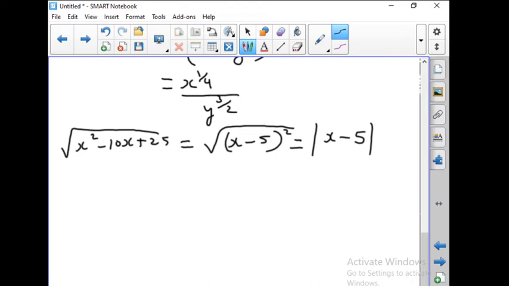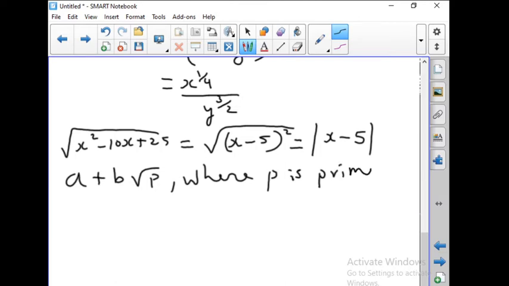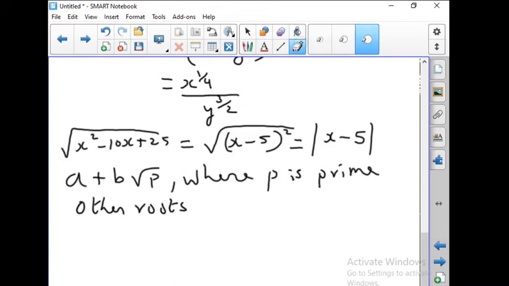Then we have also seen the conjugates. I have told this already. If a plus b root p, where p is prime, is a root, then what is the other root? We have seen it as the other root, but here we are looking at it as conjugates.